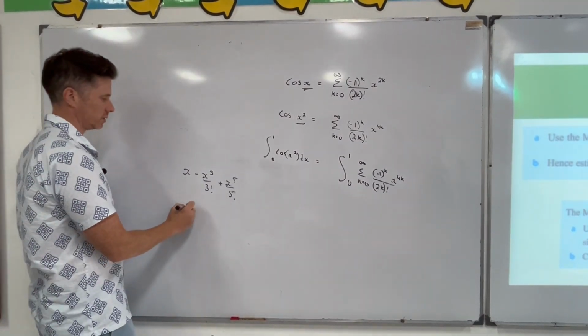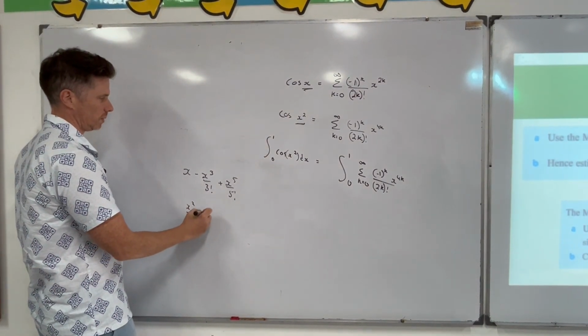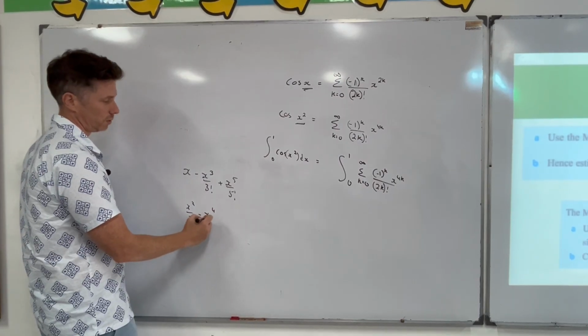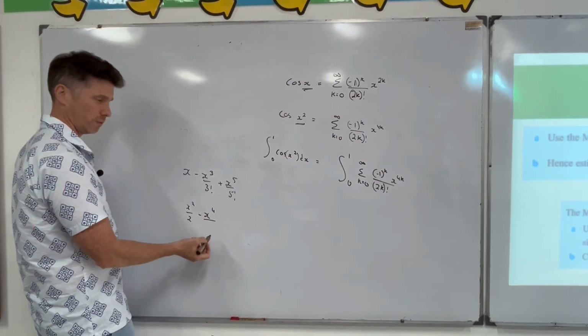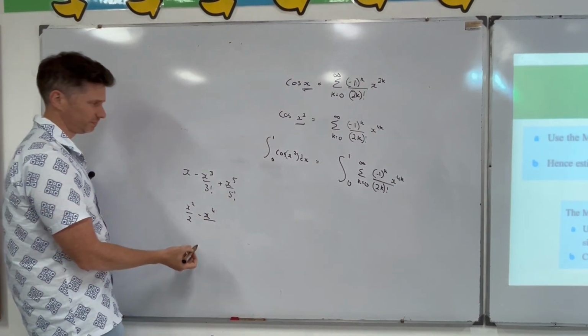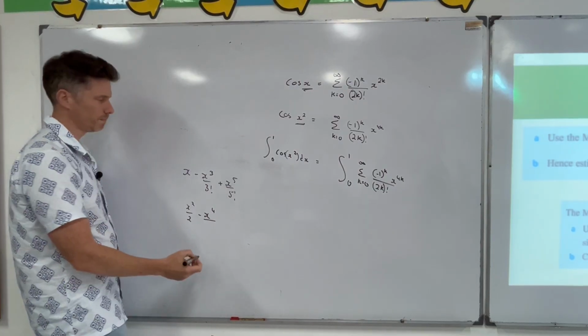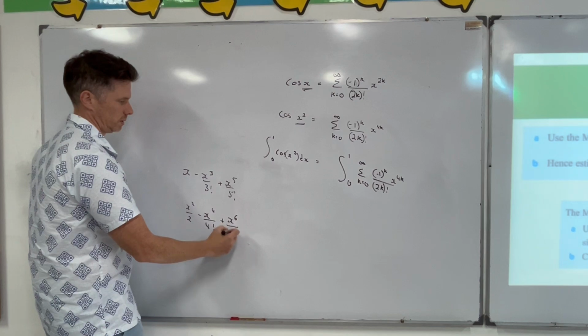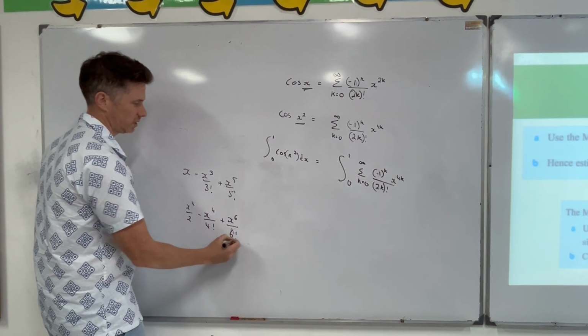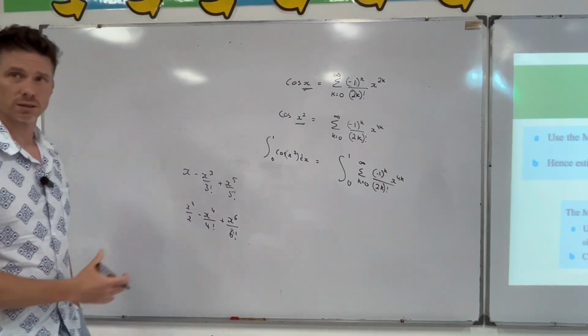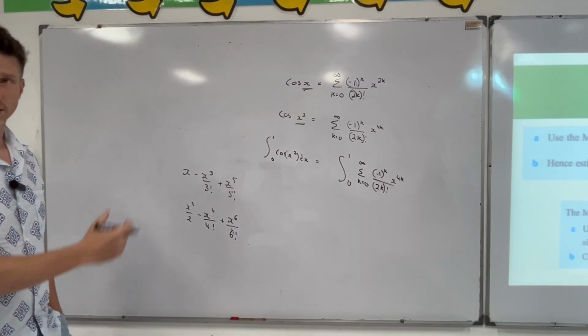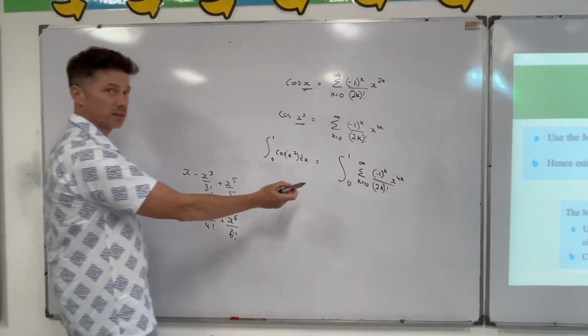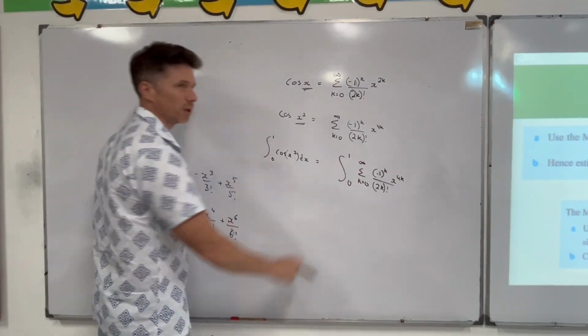So if we integrated this, it would be x squared over 2 minus x to the 4 over, would it be 4 factorial? 24. Yeah, it would be 4 factorial. So you can see that the pattern would kind of continue in the integration once you have the correct thinking. So we don't actually need to expand this to integrate it. We should be able to integrate it by looking at it here.